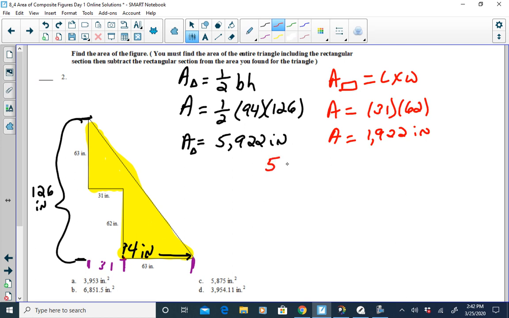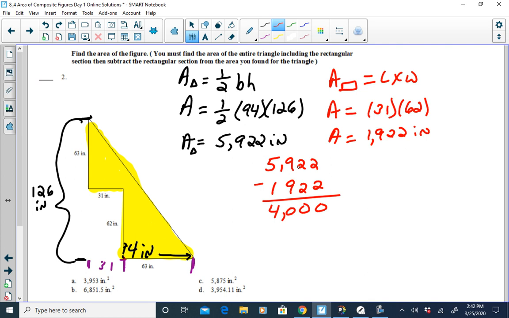We take 5,922 and subtract 1,922. When we get that, we wind up with 4,000. And that's not one of our answers.